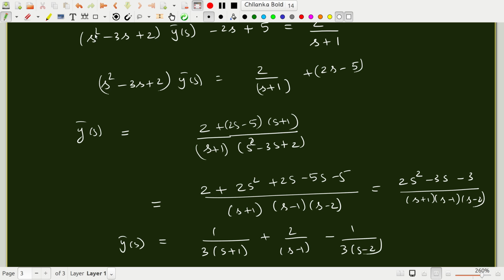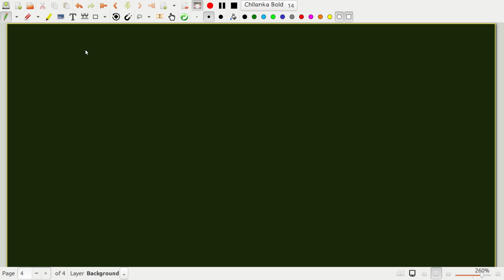Now it's easy for you to invert this because you have a sum of 3 terms, right? So y bar of s is 1 by 3 s plus 1 plus 2 by s minus 1 minus 1 by 3 s minus 2.